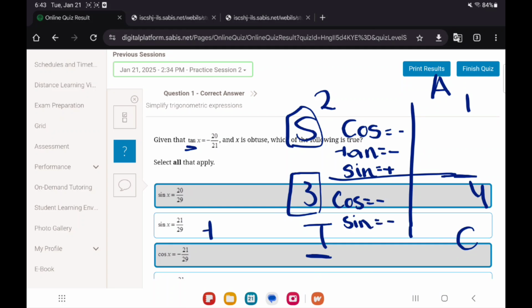And we know that tangent equals sine over cosine. When you have two negatives, they equal a positive.